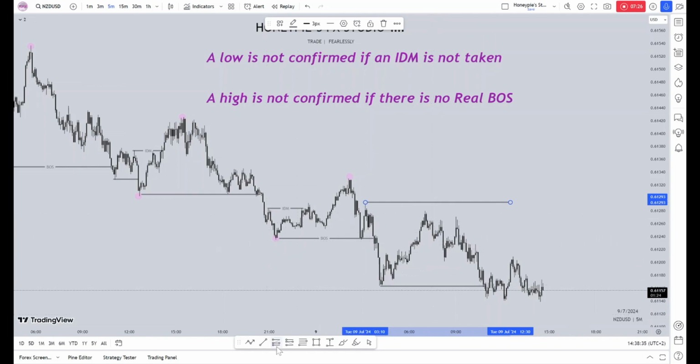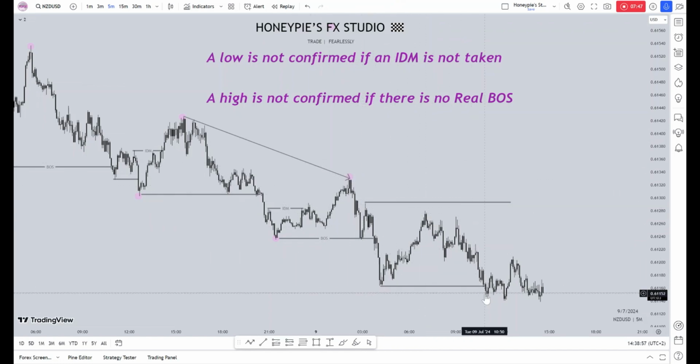So instead of price moving from this point here to this point as the next high, as we would be expecting, it's not going to move that way because this high did not take out an inducement.